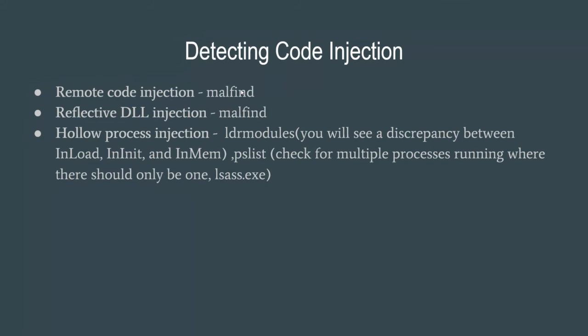For process hollowing, you can use the LDR modules to find the discrepancy between InLoad, InInit, and InMem, and then through pslist. There is an actual process hollowing module that combines the two and does it automatically for you. We'll show you shortly.